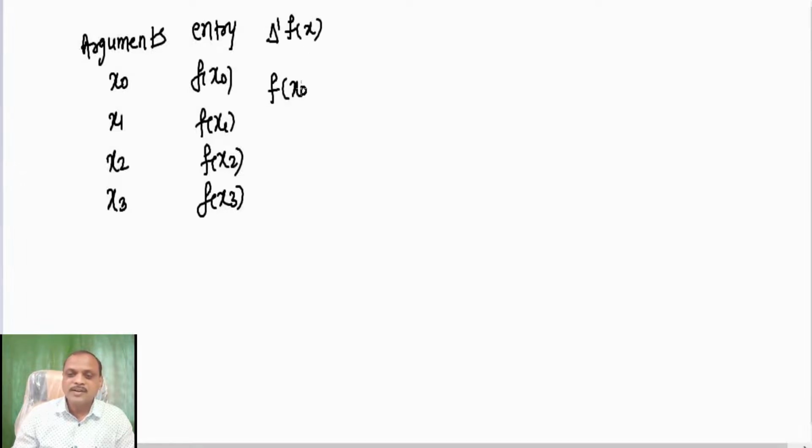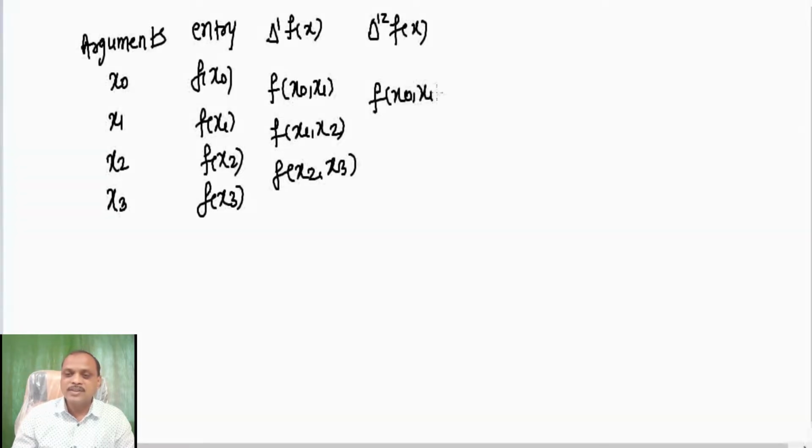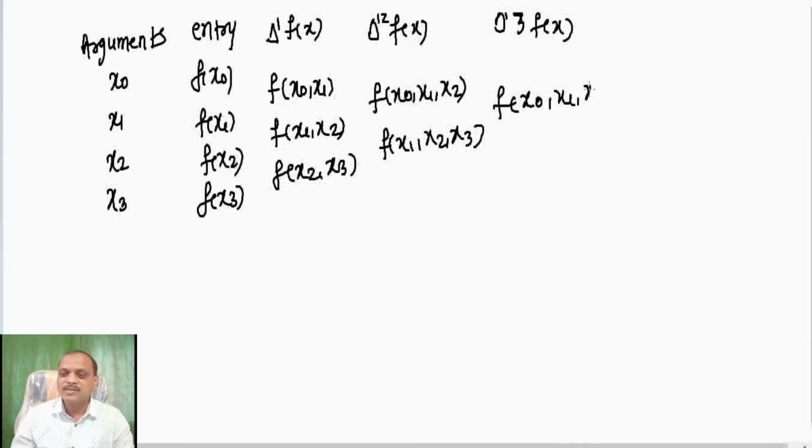Then the first divided differences of f of x: between the points x0 and x1, between x1 and x2, and between x2 and x3. The second divided differences are between the points x0, x1 and x2, and between x1, x2 and x3. And the third divided difference of f of x is for x0, x1, x2 and x3. So in this manner we can construct a difference table for the divided differences.